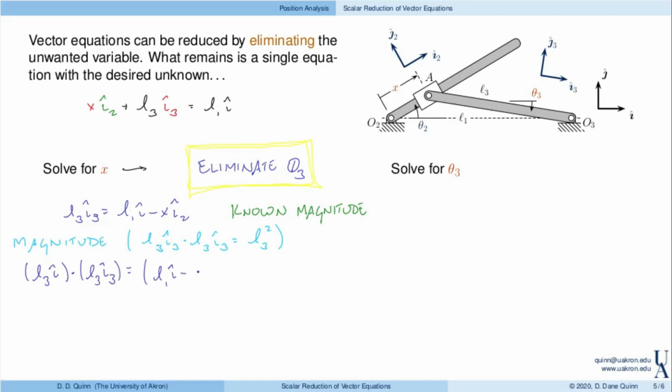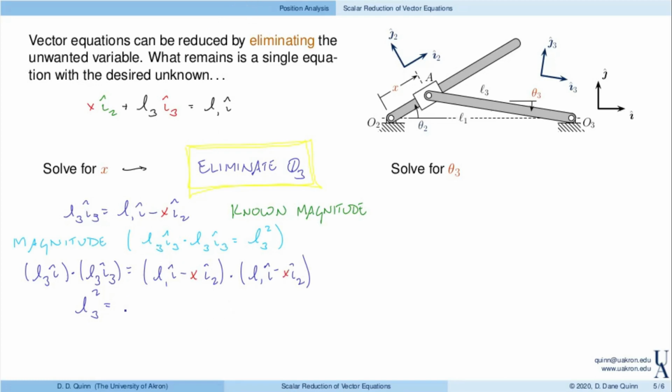So I'll just dot that with itself. So L3 squared is on the right-hand side, or the left-hand side. All right, so maybe I'll go through and color that red just so we can highlight the unknown variable.